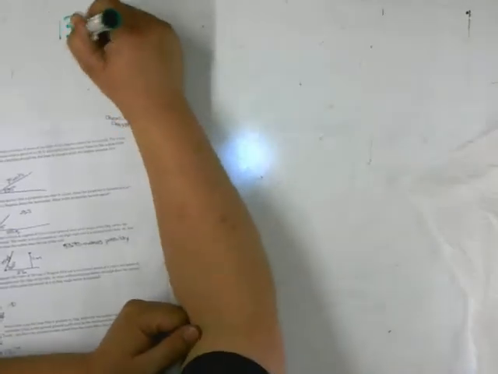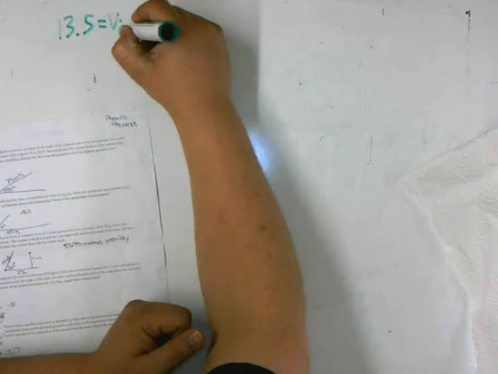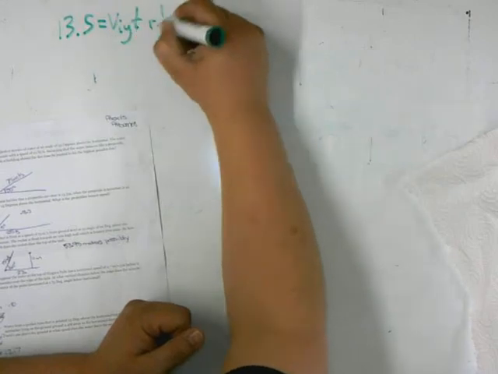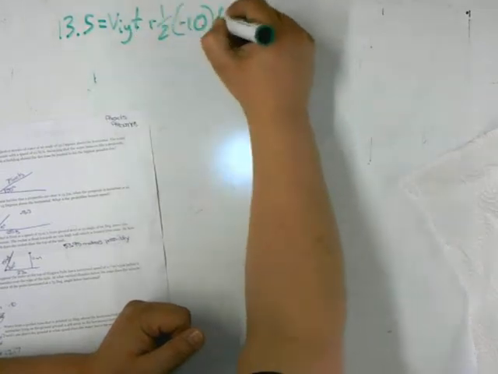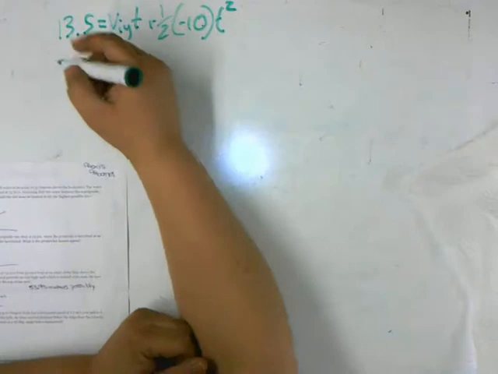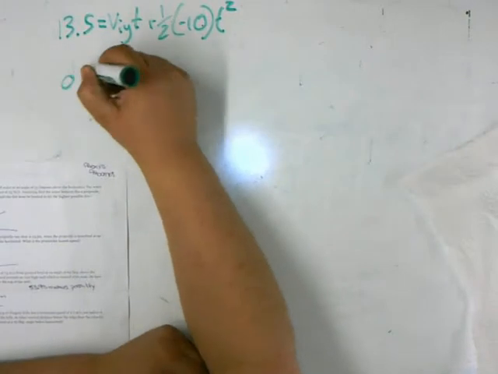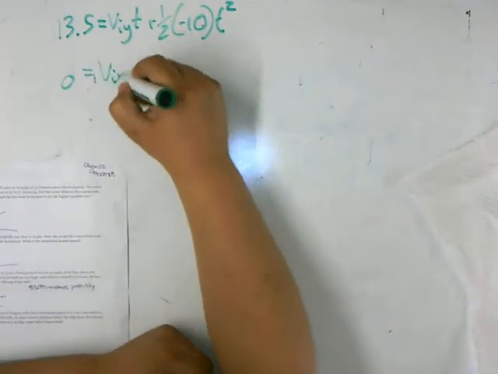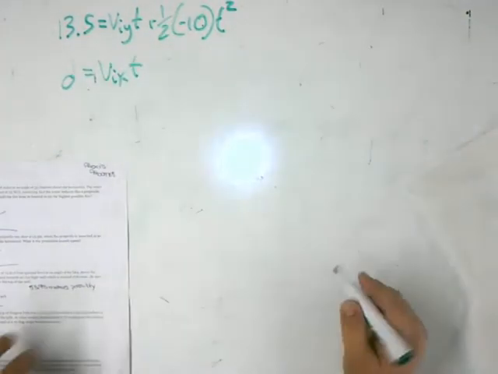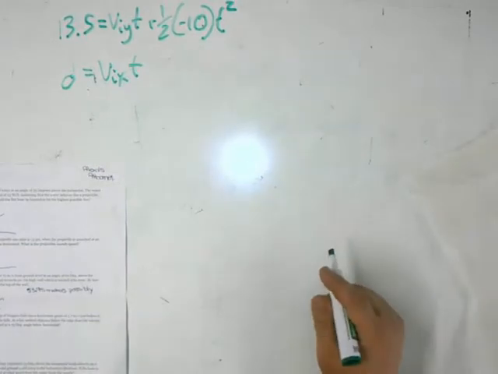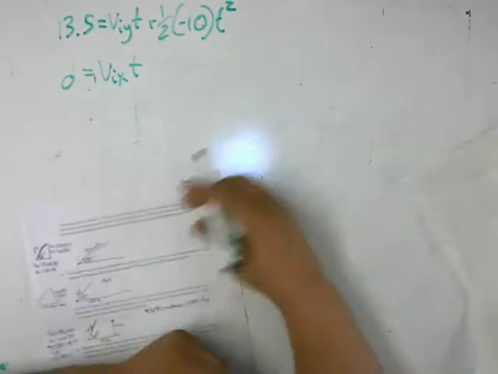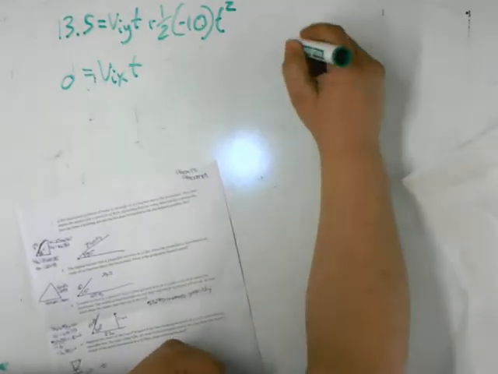I also have my distance is equal to V initial in the X, T. And what else do I have? Well, I have another magic number, because when we reach the maximum height, this point right here, my velocity in the Y is equal to 0.